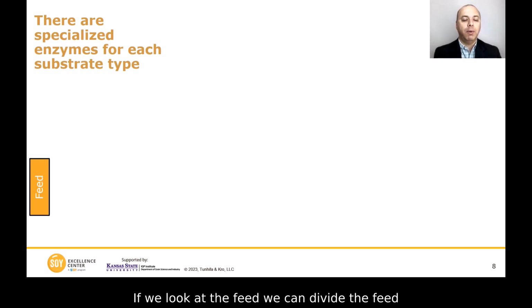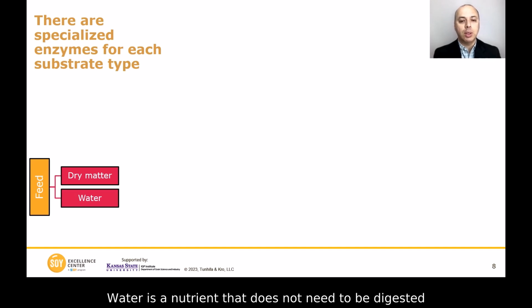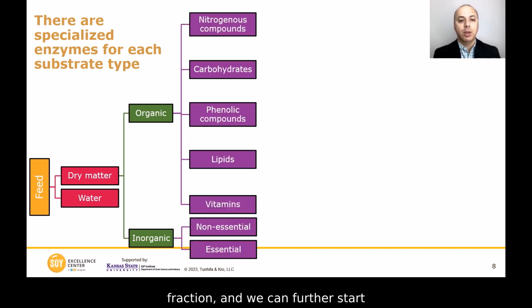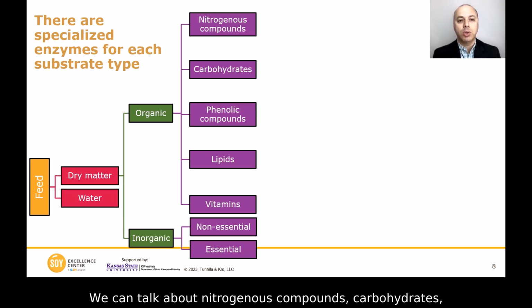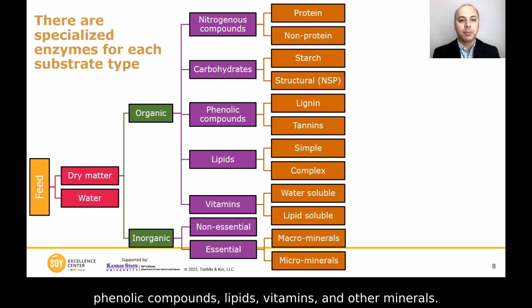If we look at the feed, we can divide the feed into dry matter and water. Water is a nutrient that does not need to be digested, and it's simply going to be absorbed. The dry matter, we can divide into an organic and an inorganic fraction, and we can further start to break these down into smaller and smaller compounds. We can talk about nitrogenous compounds, carbohydrates, phenolic compounds, lipids, vitamins, and minerals.